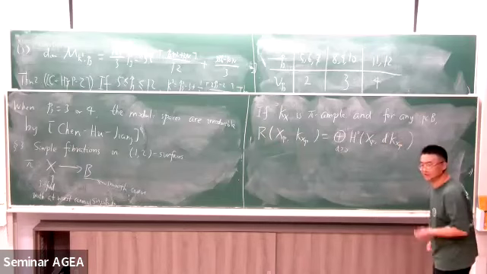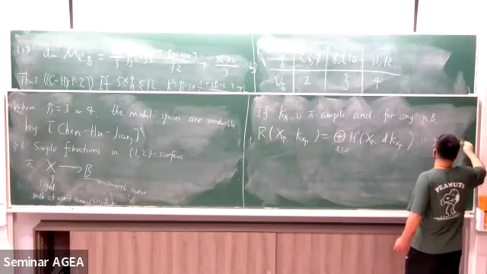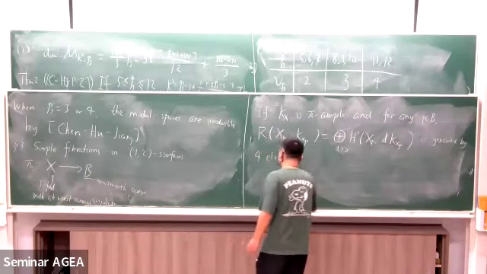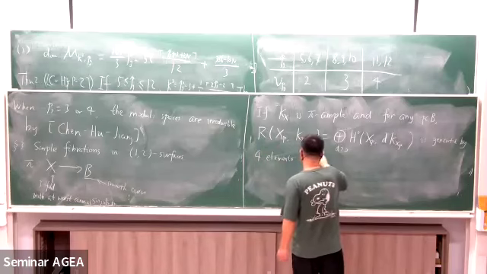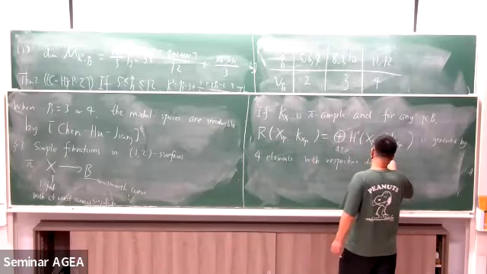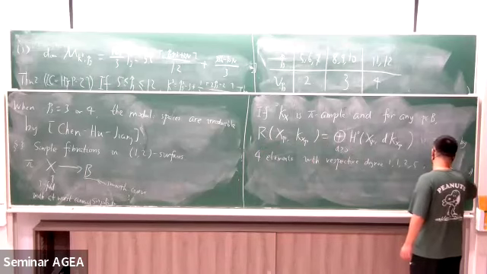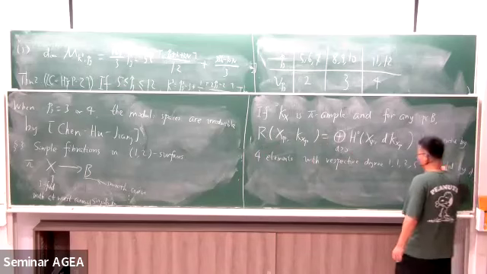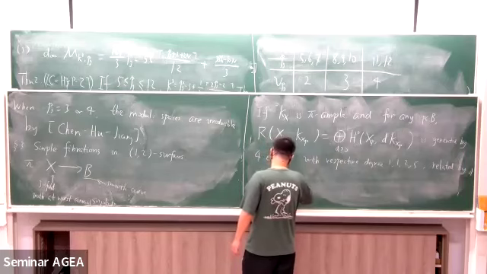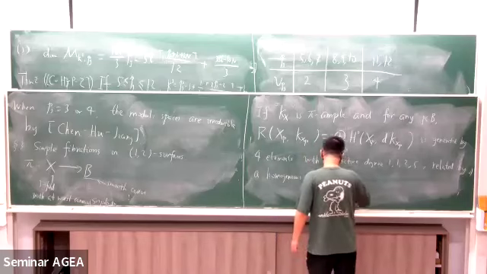The canonical ring is generated by 4 elements with respective degree 1, 1, 2, 5, and related by a homogeneous equation of degree 10.